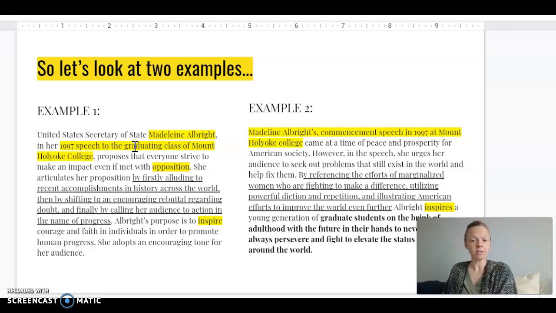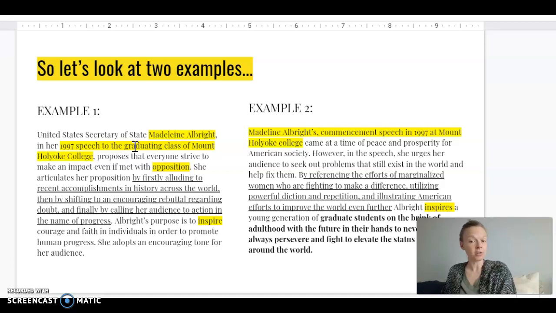Then the actual underlined parts, those are what I felt was the person writing these introductions seeing the rhetorical situation, and they both do a great job and you can see what direction they're going in. But I think example 2 is a bit more specific in terms of we know what this person's going to write about. They said, utilizing powerful diction and repetition, illustrating American efforts to improve the world even further.